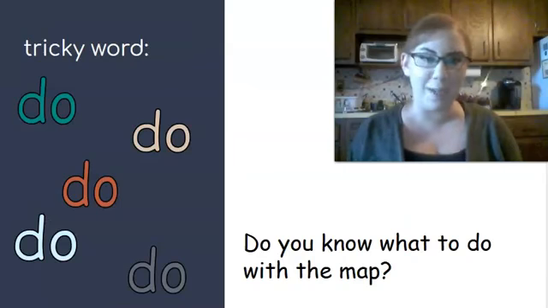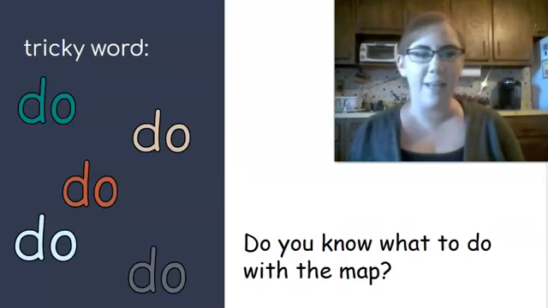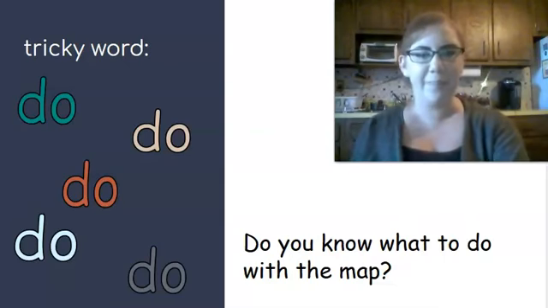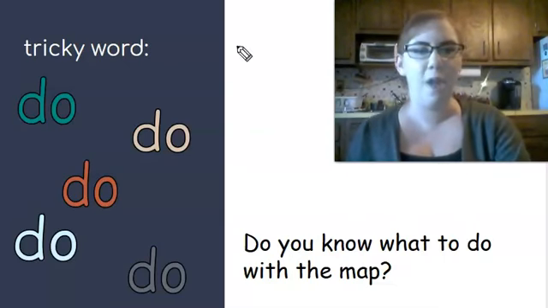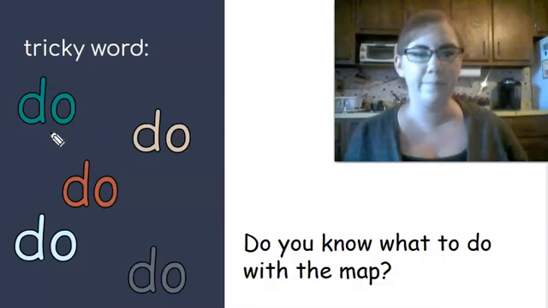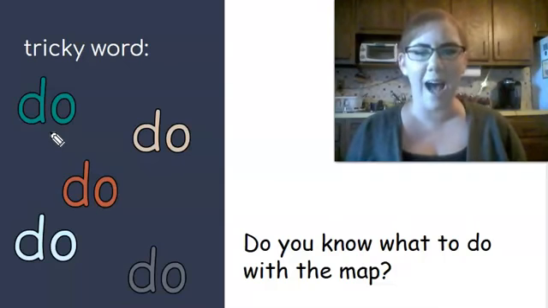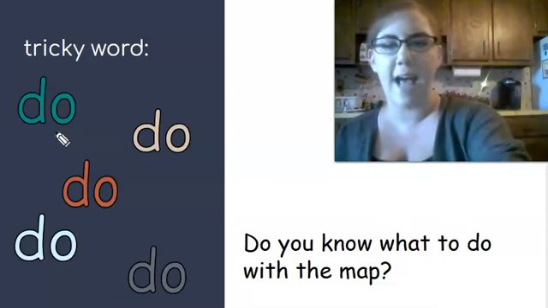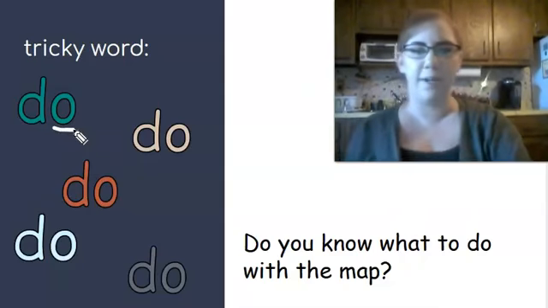We've got 2 tricky words to look at today, and then we're going to make some words and we'll be all done for today. This is our first tricky word. What is this word? If you try to sound it out, you might say d-ah. But da doesn't quite sound right. Instead of saying ah, the O says oo in this word.